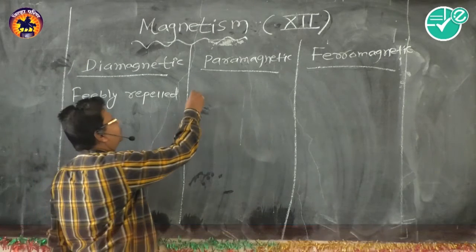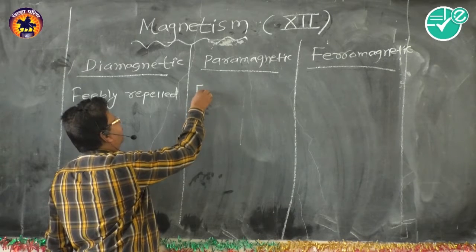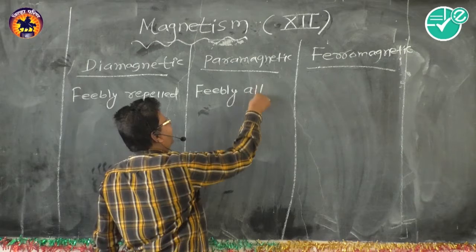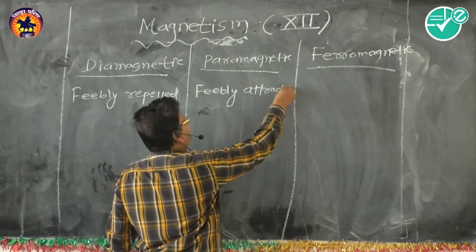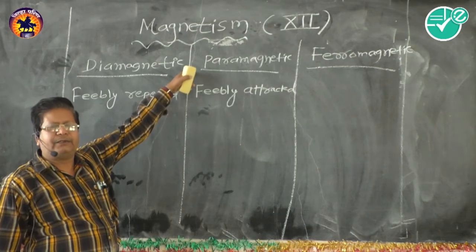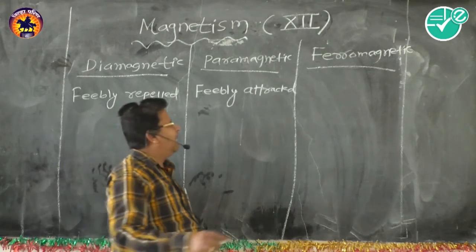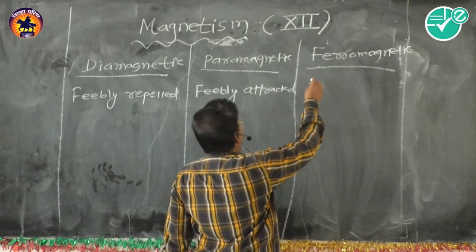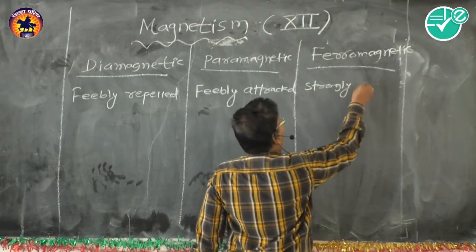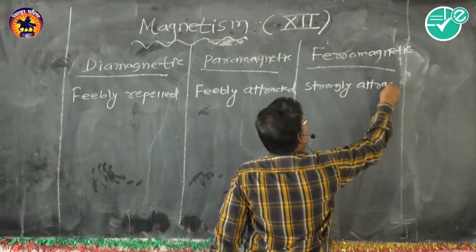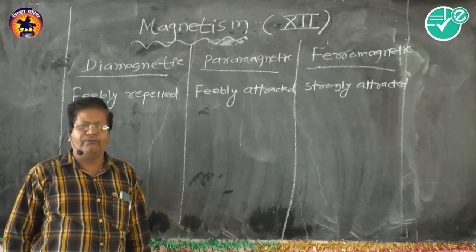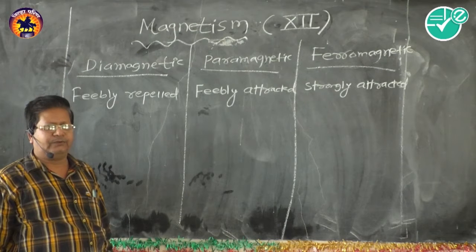The substances that are weakly or feebly attracted by a magnet are called paramagnetic substances. And substances that are strongly attracted by a magnet are called ferromagnetic substances.